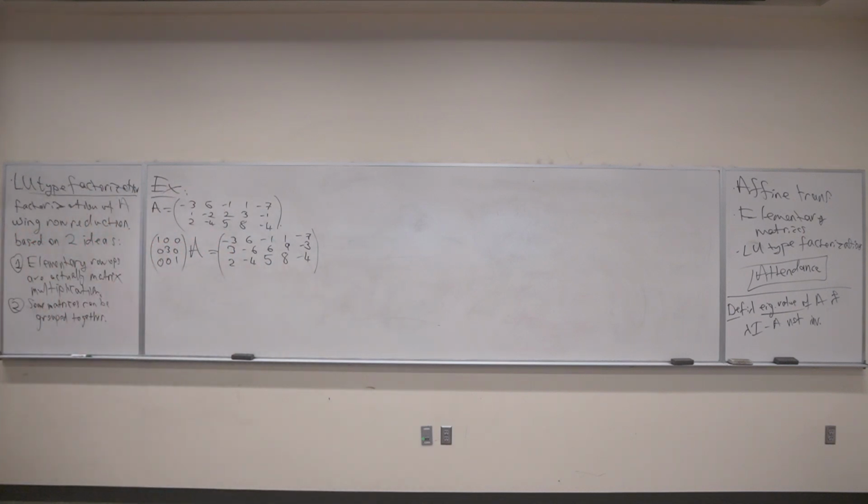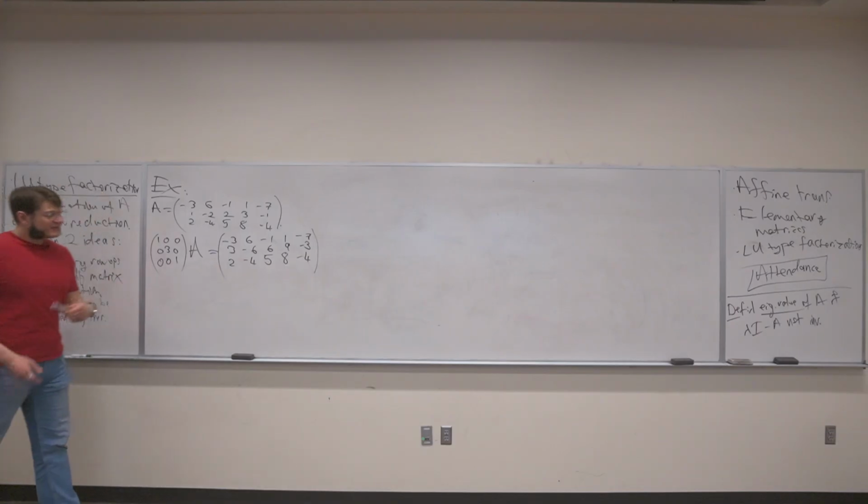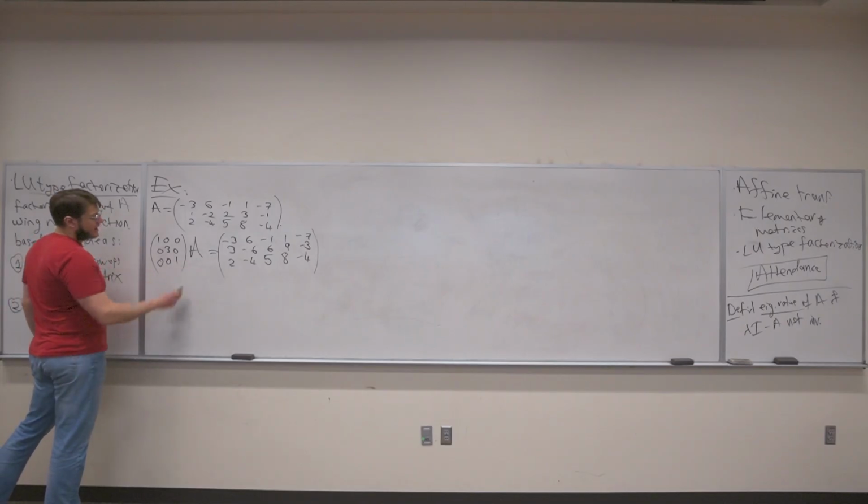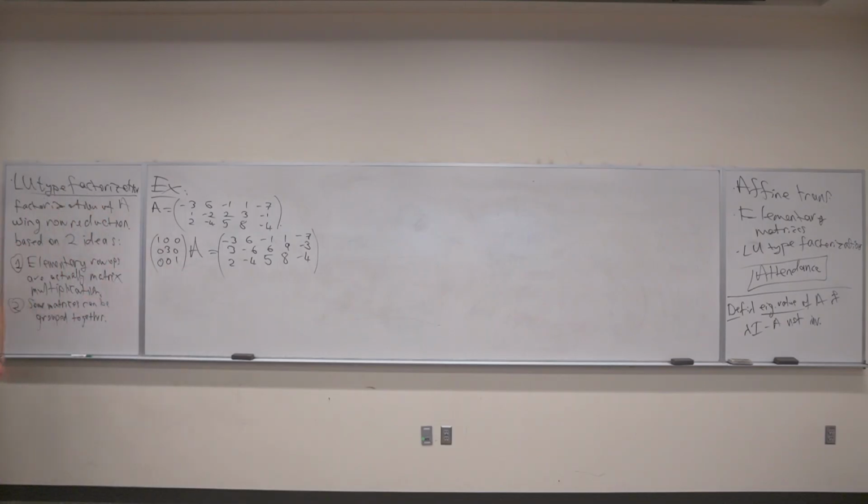So in a sense, what we were calling in the first week, take this row and multiply it by some non-zero scalar, really corresponds to left multiplying your matrix by an appropriate diagonal matrix.